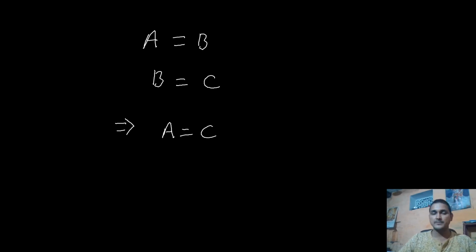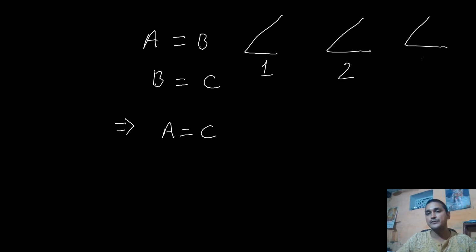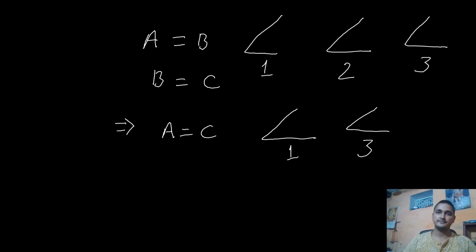But here in Euclid's Elements, we will consider it in the form of angles. If the first angle is equal to the second angle, and the second angle is equal to the third angle, then the first angle will be equal to the third angle as per common notion 1.